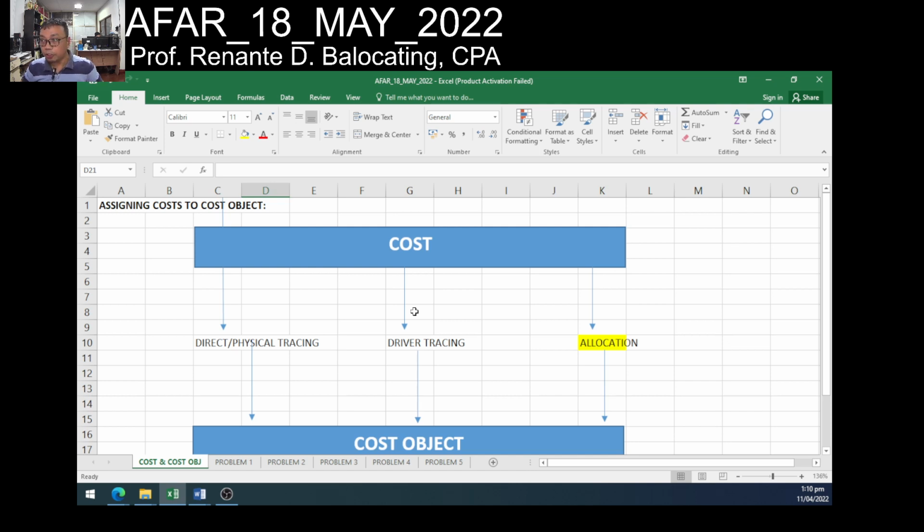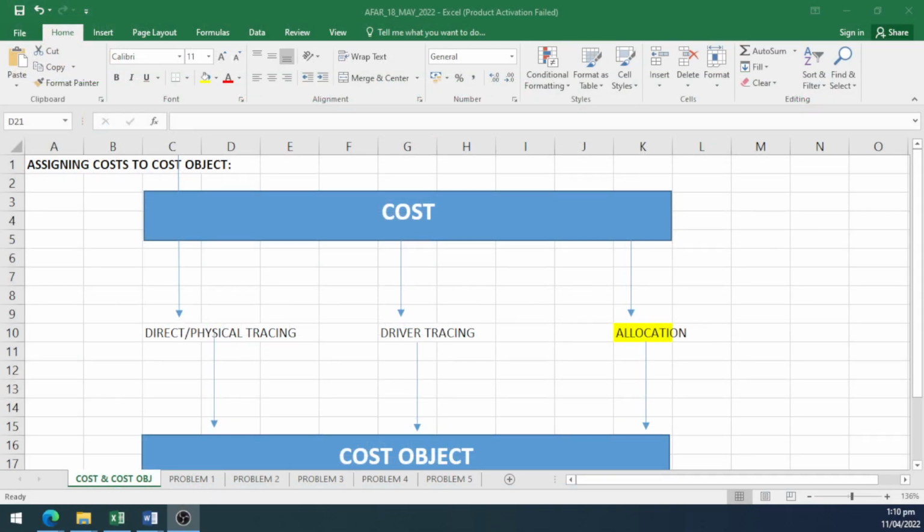If cost can be traced physically to the cost object, particularly, more specifically, products, because we are dealing with product costing in our cost accounting, then we assign the cost by direct or physical tracing.